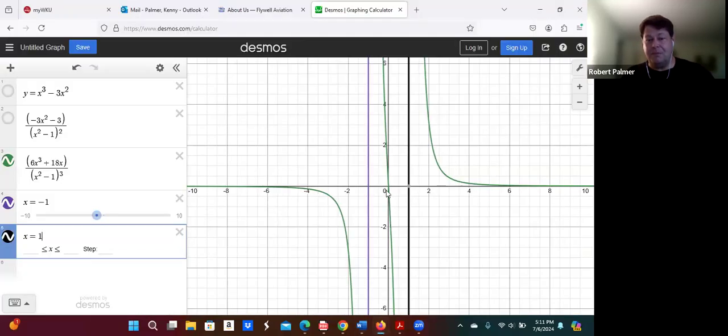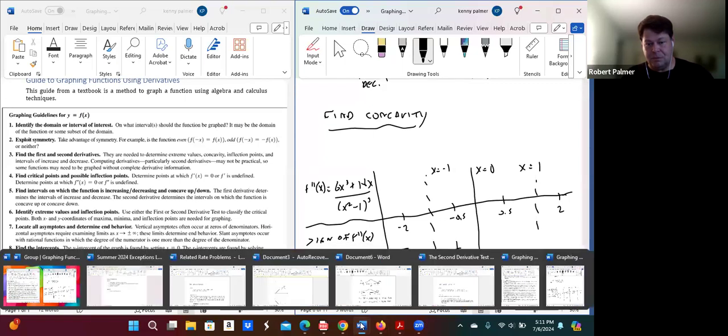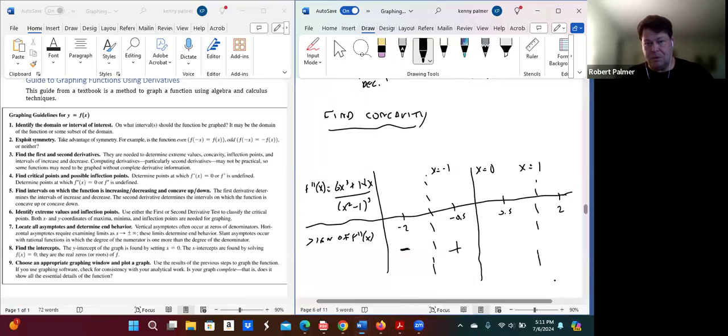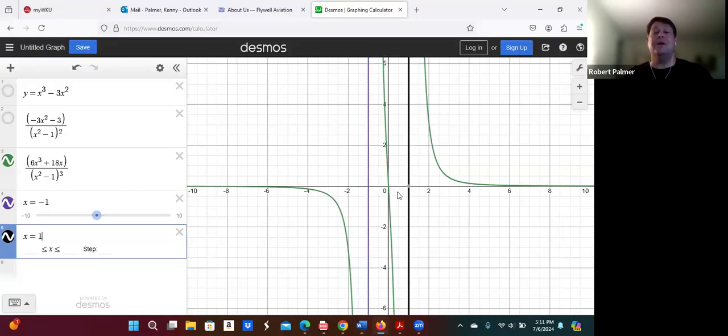Between 0 and 1, it's negative again, and beyond 2, it's positive.